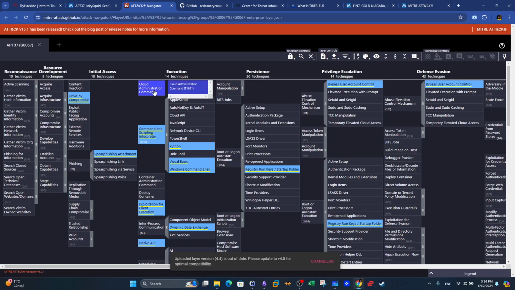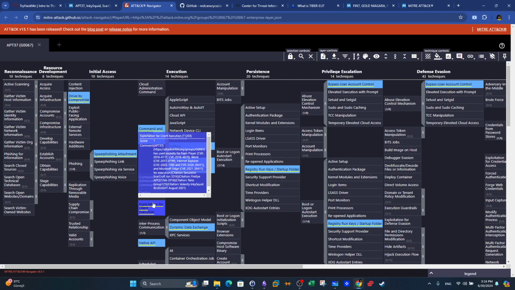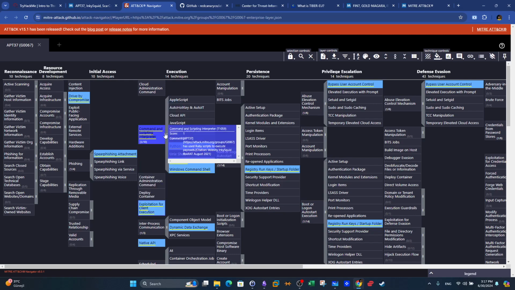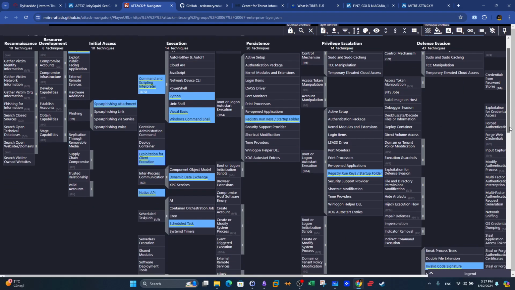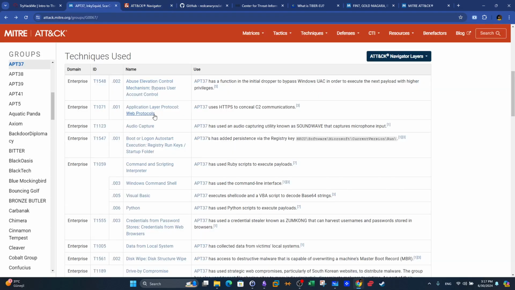And we see in the execution, exploitation for client execution. Okay, it is, sorry, it's ID T1203.